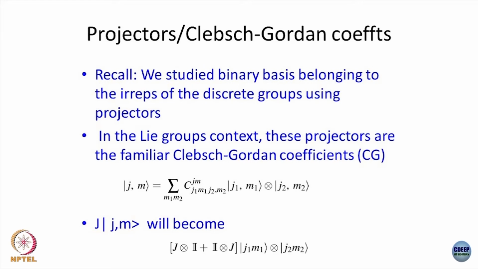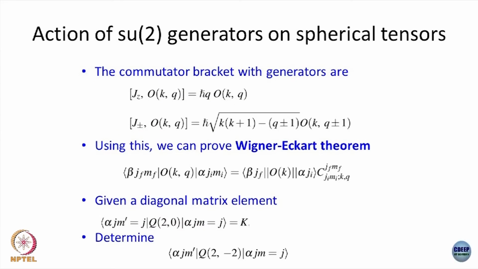You do this mechanically, but this is the way the derivation goes. Similarly, for the observables, there is always a rhythm between the observables and the states. Whenever you have an observable, you have to look at the commutator bracket with the generators, and they have similar properties. It is like an eigenstate of Jz, with j plus and j minus they increase or decrease by plus or minus 1.